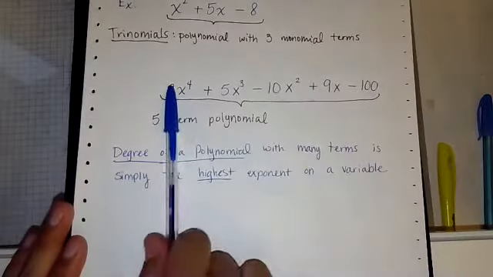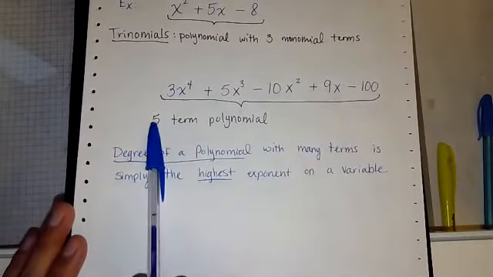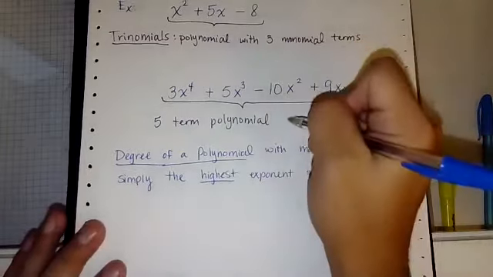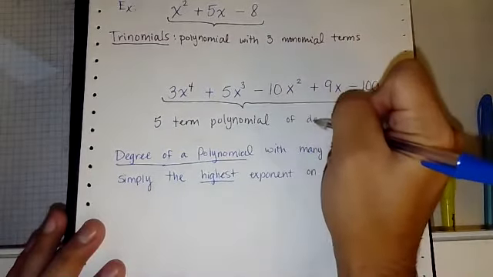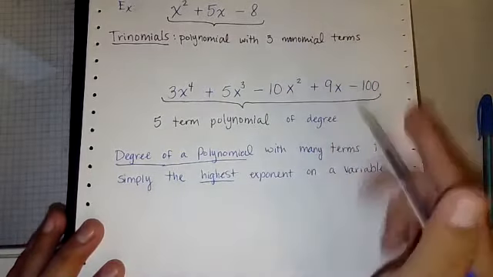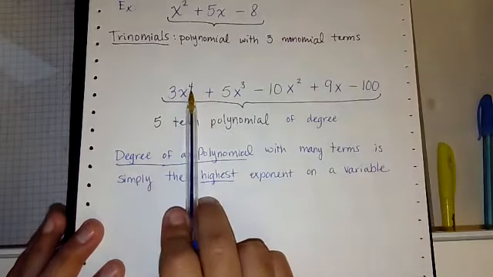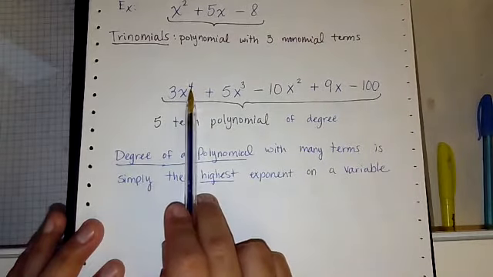Okay, so in this example, we would have a 5-term polynomial of degree 4, since this is the highest exponent.